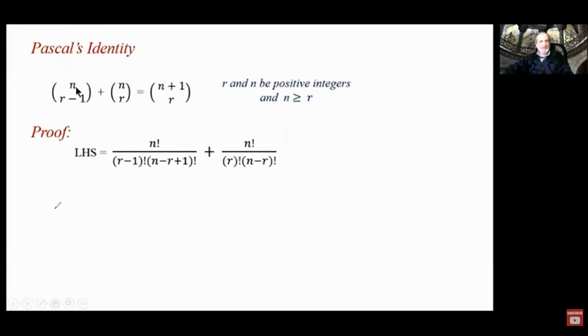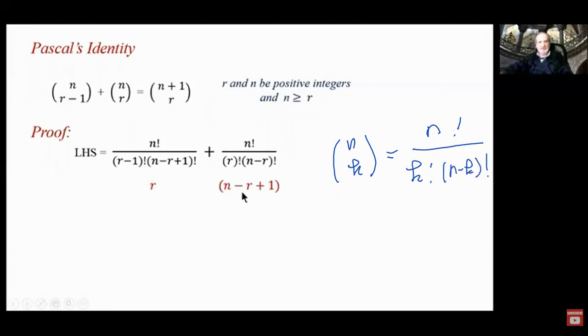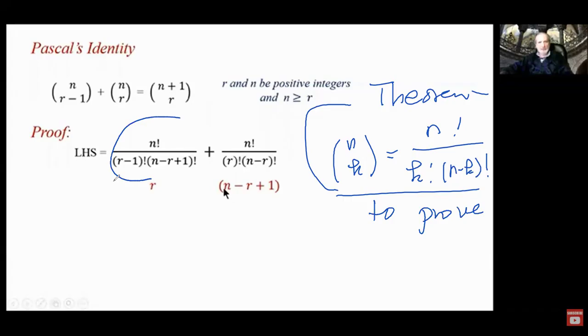In fact, this one is not a good proof because we need to prove this one: factorials, k factorial, and n minus k factorial. So this is also a theorem to prove. Now he used this one as a fact.